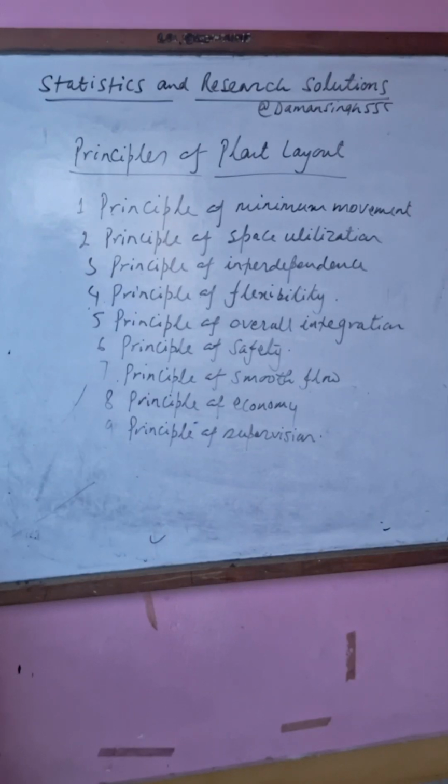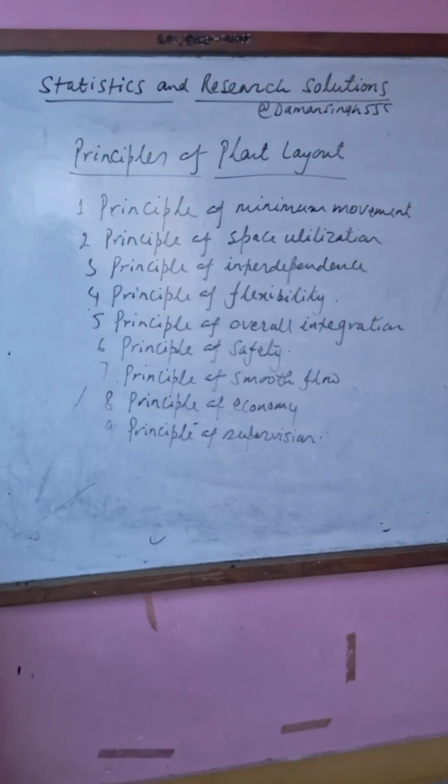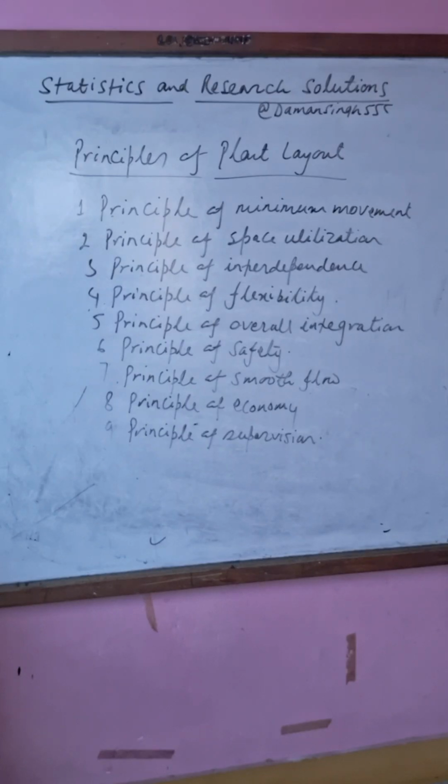So during the process of plant layout, overall integration should be there. Overall integration means the different functions of the machines will be integrated to each other during plant layout. If different functions of the machines are not integrated to each other, then that layout will not be proper.